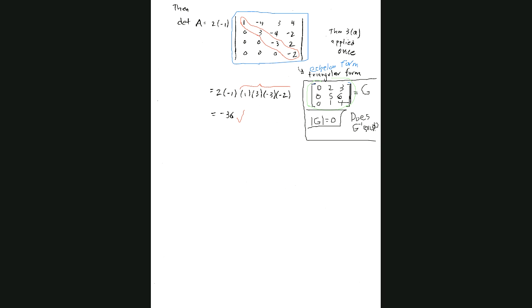Does the inverse of G exist? Solomon says no. Matthew says no. And you're right, because if the determinant equals 0, an inverse will not exist.